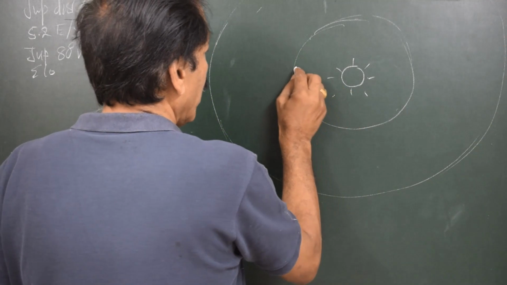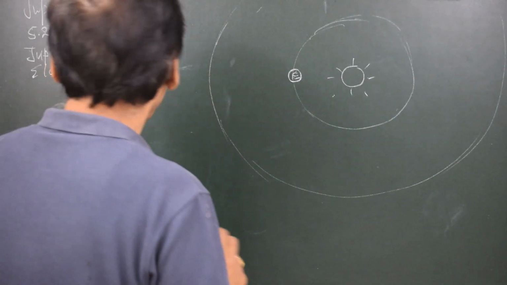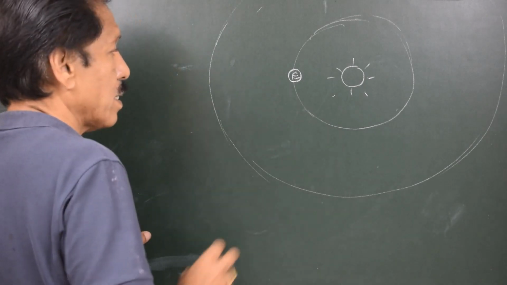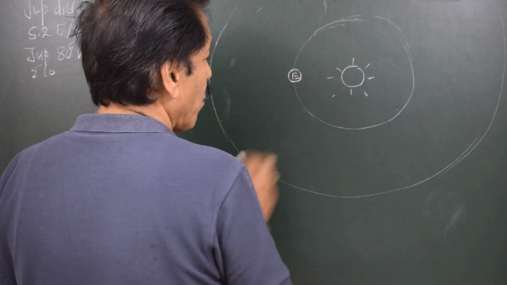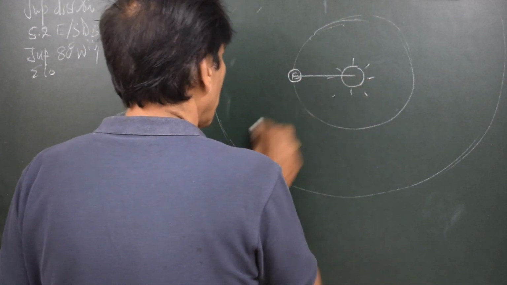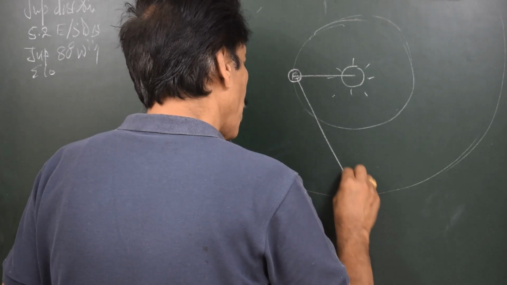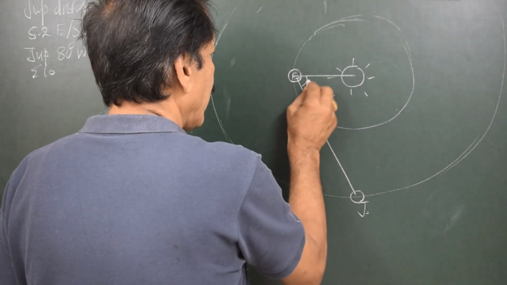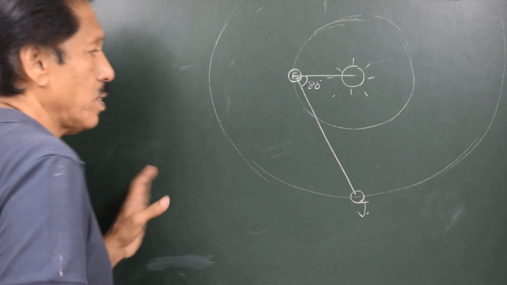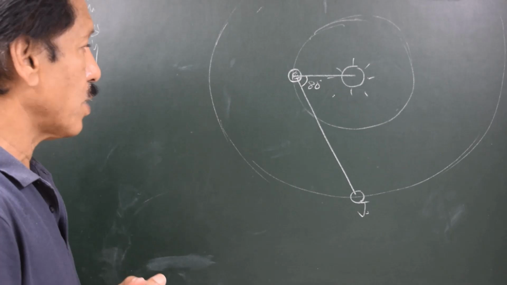Now if the Earth is here, elongation, as you know, is the angle measured at the center of the Earth in the plane of ecliptic between the directions of Sun and the body, which may be planet or moon. Say Jupiter was found here because the elongation is 80 degrees, right? So this is the diagram we will draw, assuming that everything is in the same plane.